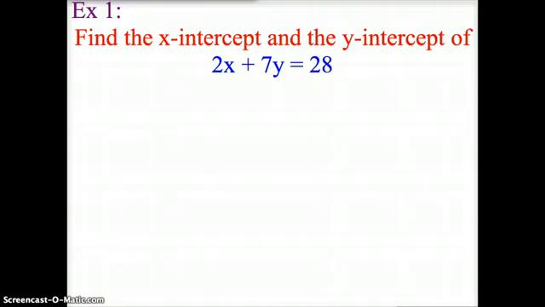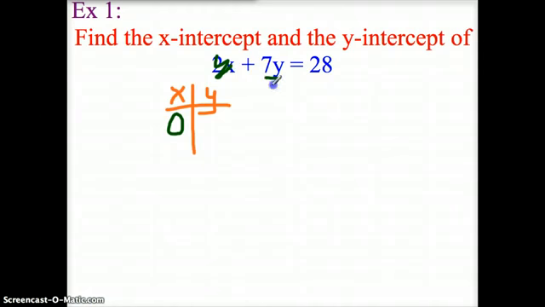Find the x-intercept and the y-intercept of 2x plus 7y equals 28. Easiest thing to do is set up a table, and you're just going to let x and y take turns equaling 0. So if x is 0, 2 times 0 is 0, so that goes away. 7 times a number is 28.